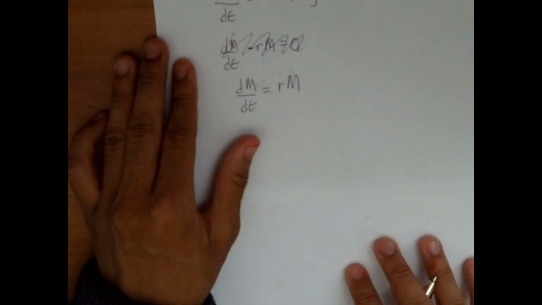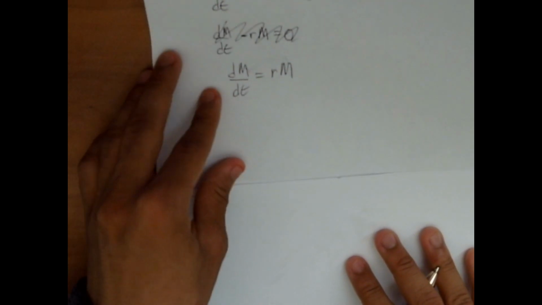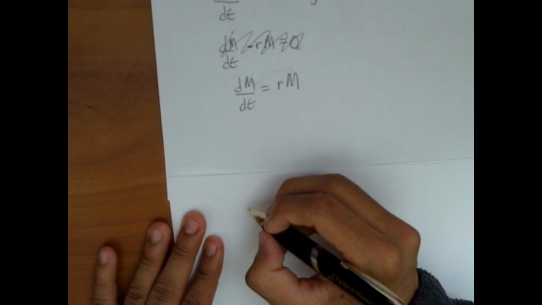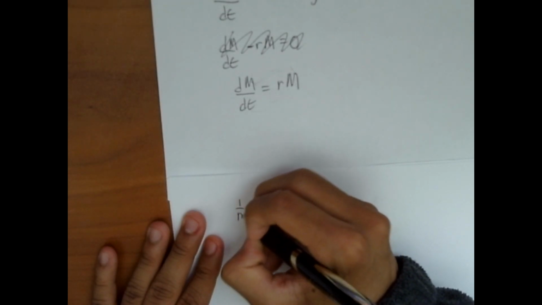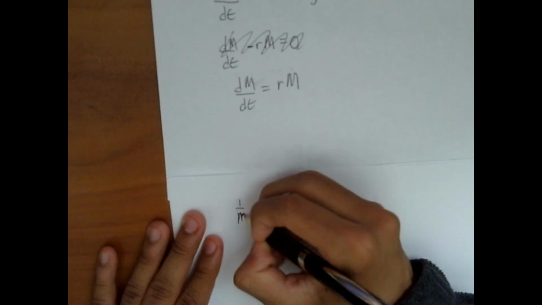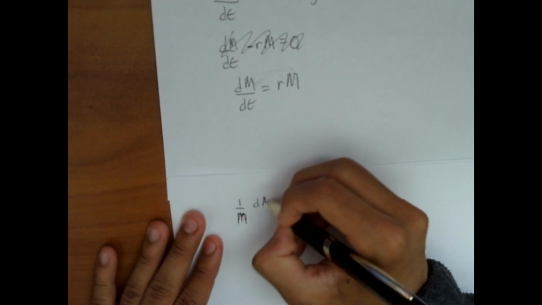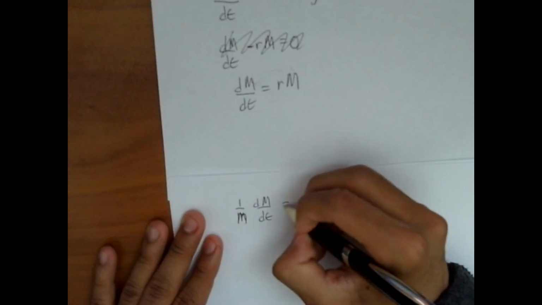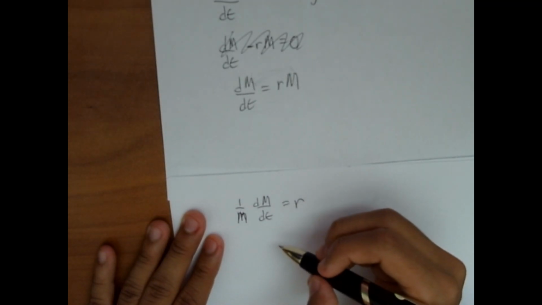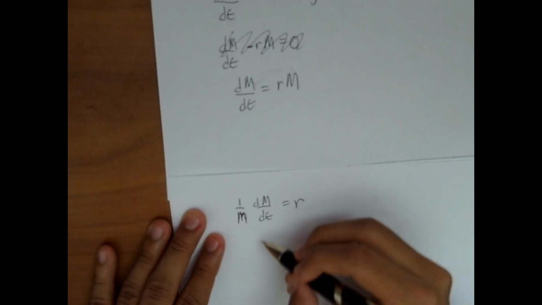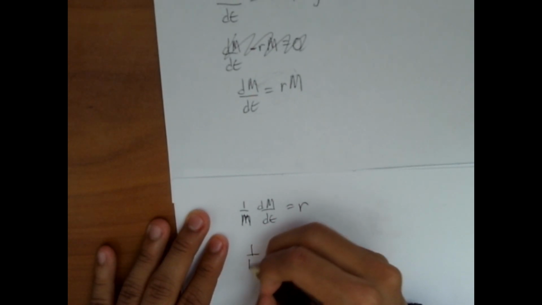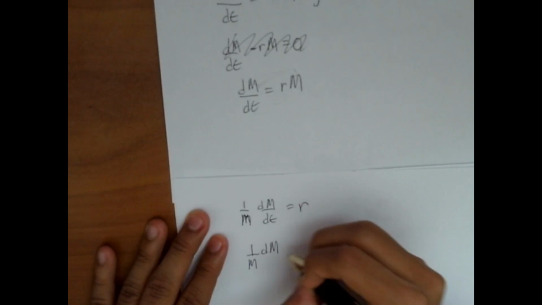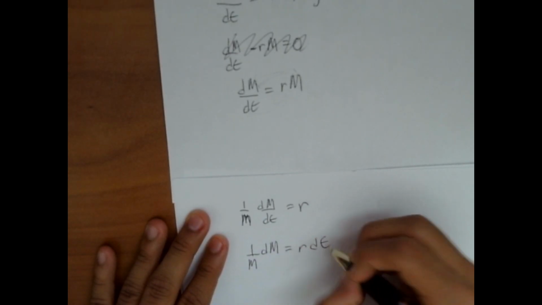Let's get another page. So let's move all the m's to one side: 1 over M dM/dt is equal to r. And then we can move this dt because it's separable. 1 over M dM is equal to r dt.